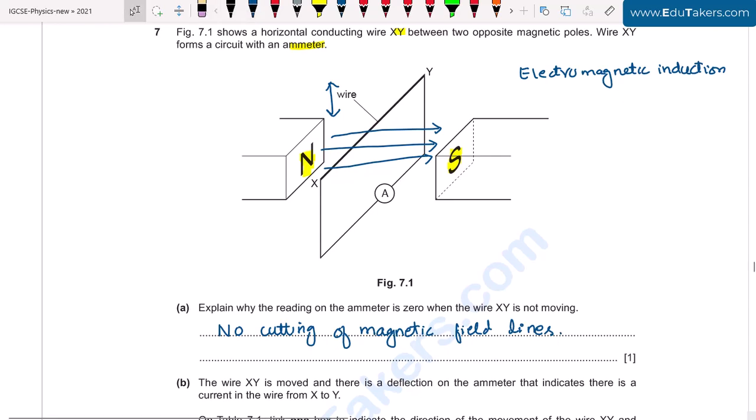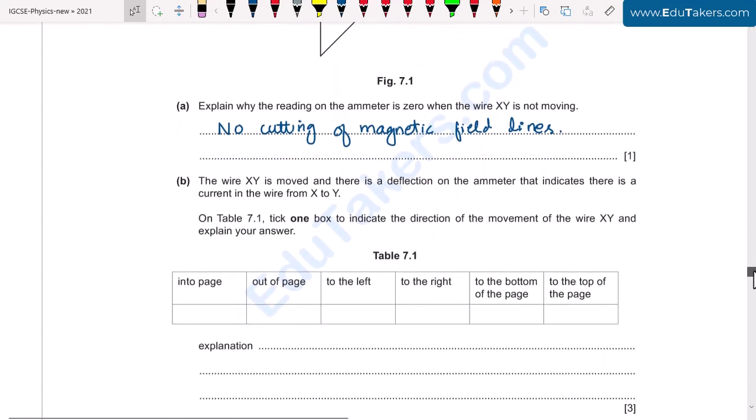Part B. The wire XY is moving and there is a deflection on the ammeter. That indicates that there is a current in the wire from X to Y. So the direction of current here is from X to Y. On table 7.1, tick one box to indicate the direction of movement of the wire XY and explain your answer.